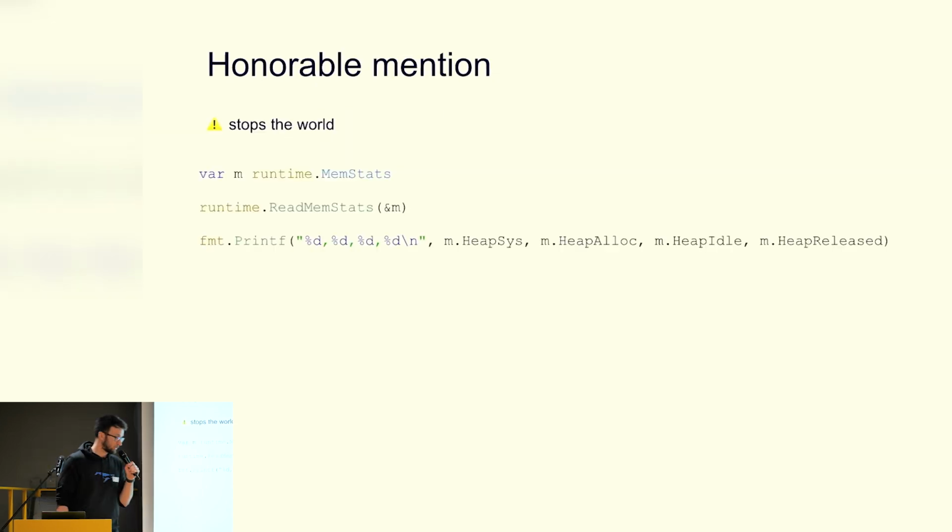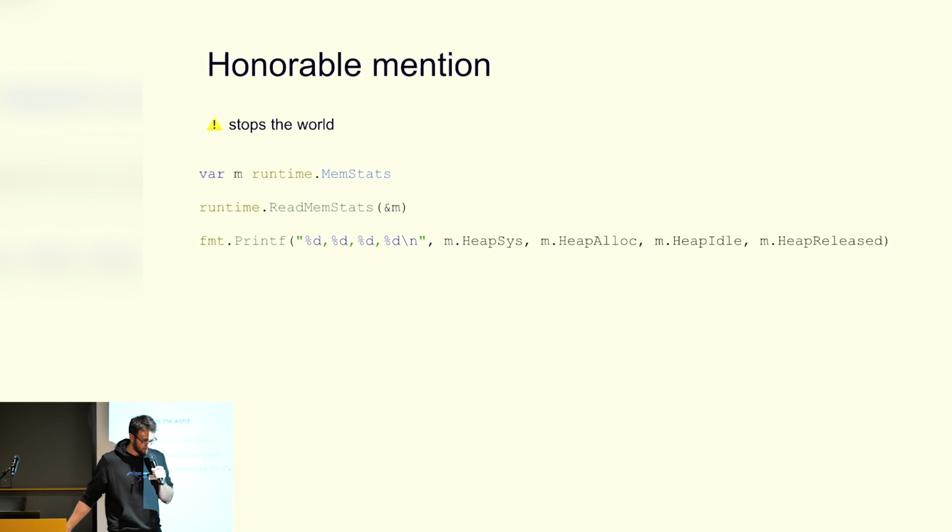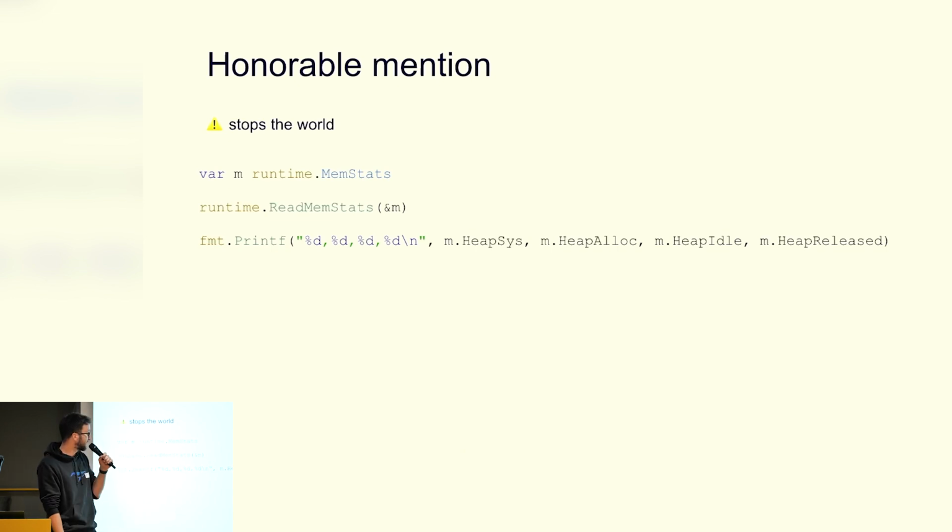Okay, also one mention for another tool I would like you to know is the memstats in the runtime package. Basically, you can track or monitor all of the heap's attributes in that, how much is allocated, how much is released back, etc. But don't use it in production.